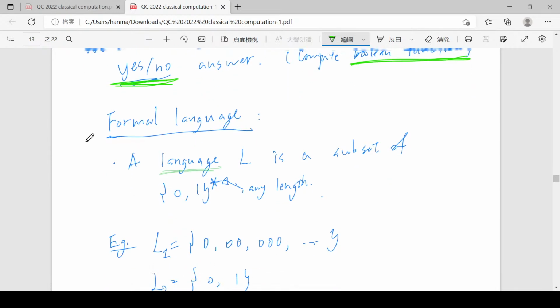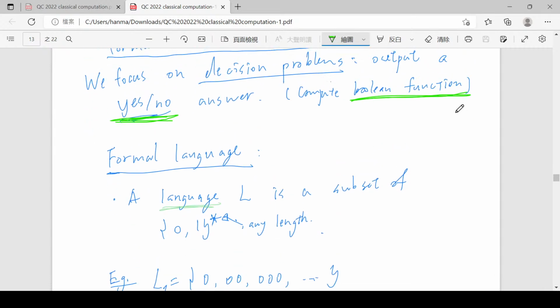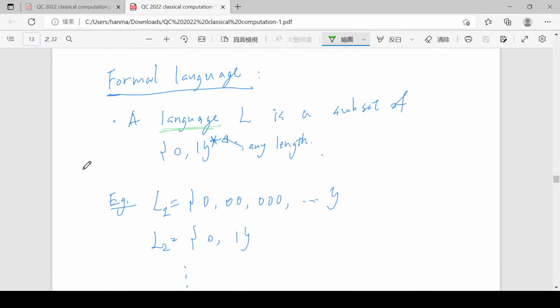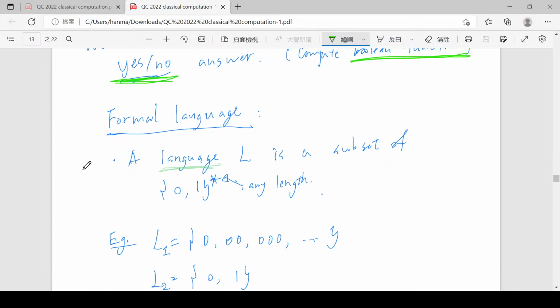A Boolean function has a fixed input size, but when we describe a problem, we want to describe it for all input sizes. So we have this extra concept of formal language. This formal language is not to be confused with natural languages like English or Chinese. A language, for complexity theorists, is a subset of strings.